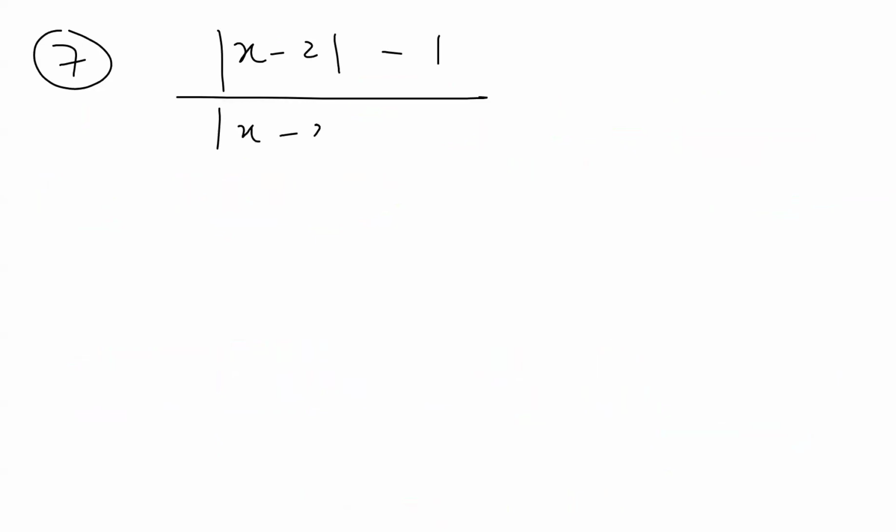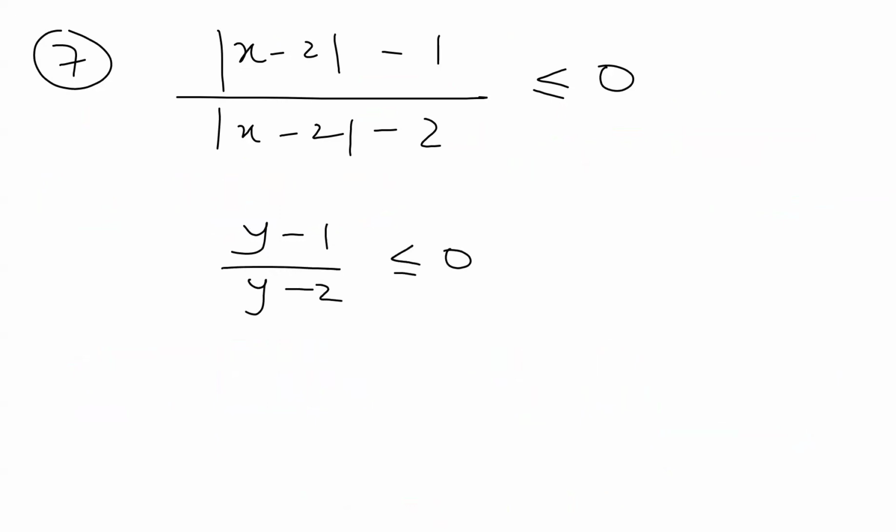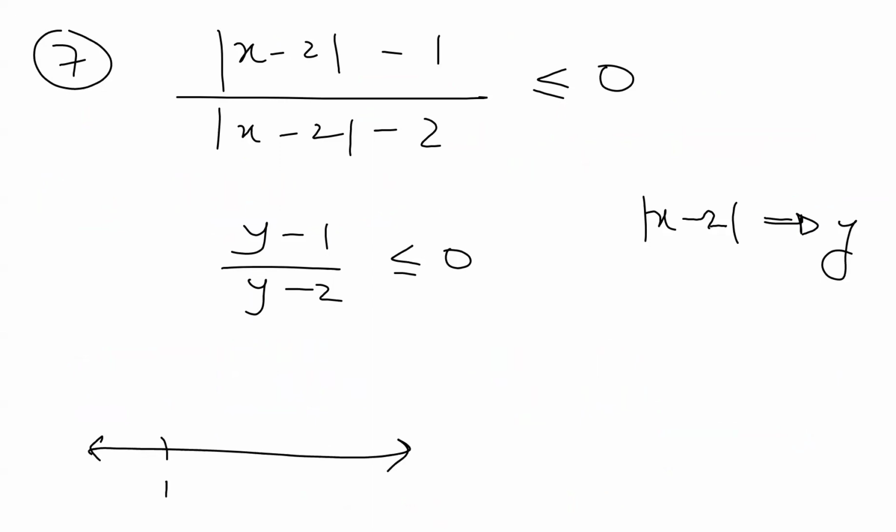Next question, that is question number 7. Okay. (y minus 1) upon (y minus 2), where modulus of x minus 2 is y. Number line, 1 and 2.